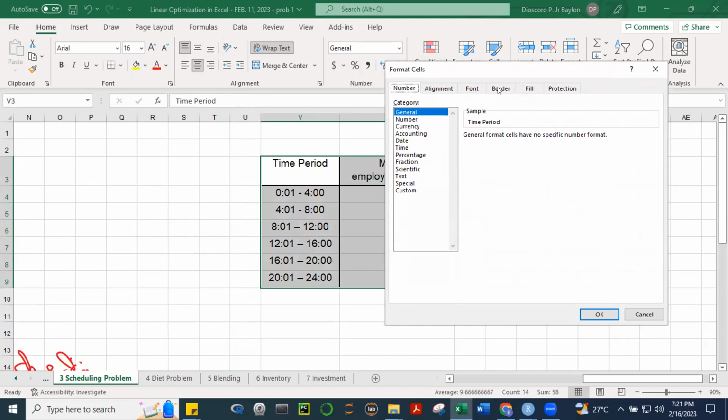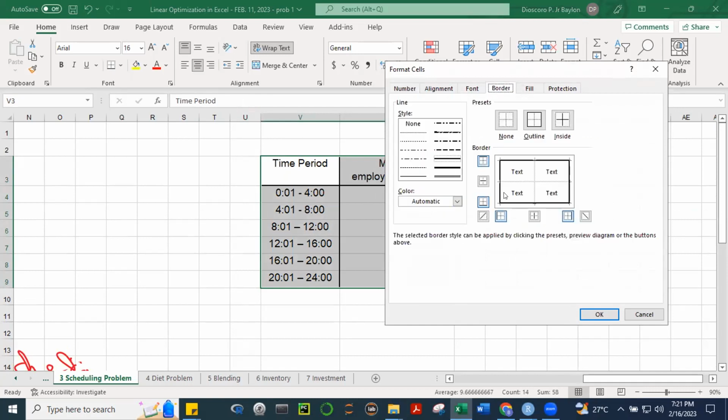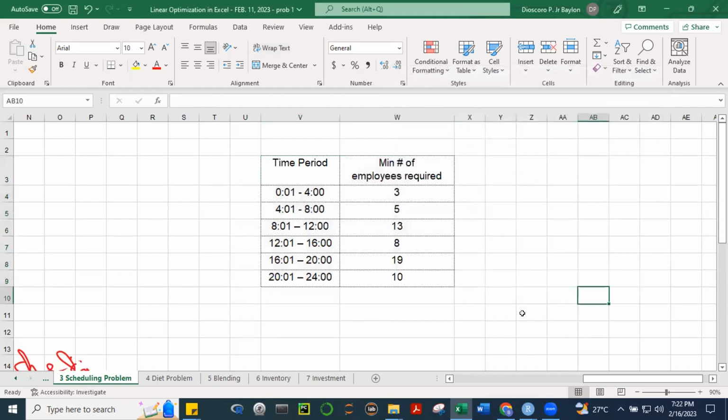Let me get the border out, just for aesthetic purposes.